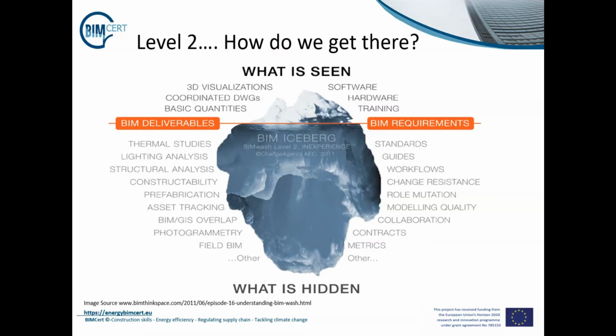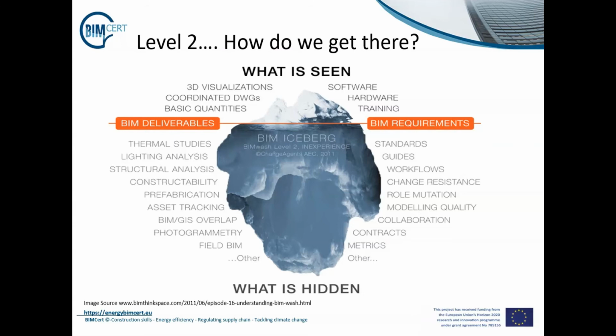There is also role mutation, so people's roles may change, and new roles could be created as a result of bringing BIM into an organization. How do we understand what's a good and bad model? So we need model quality QA procedures, and collaboration techniques and processes in order to ensure that information is being shared effectively. We need the use of different contracts because there are different deliverables, as well as metrics to understand if what's been applied has been successful.